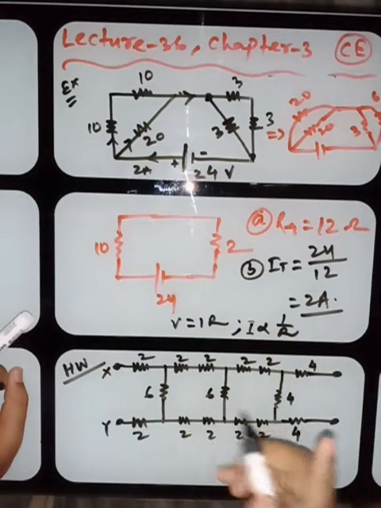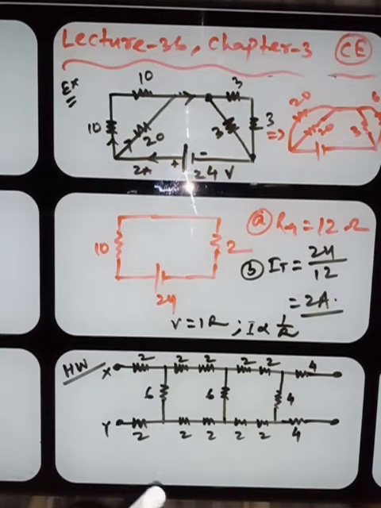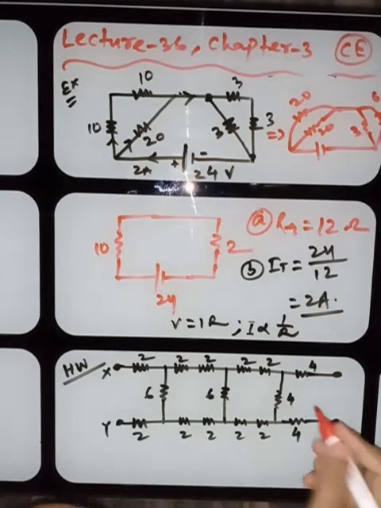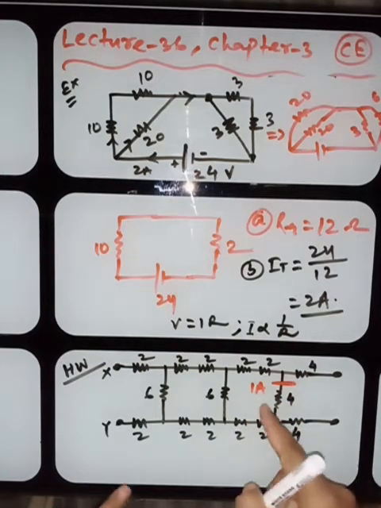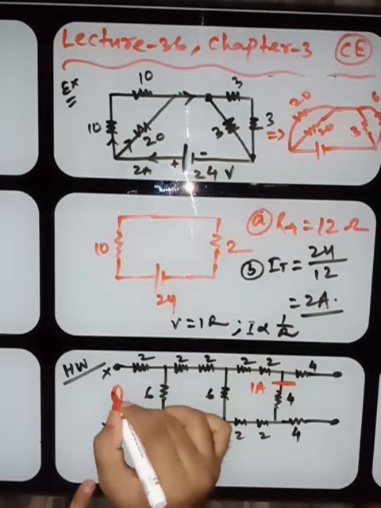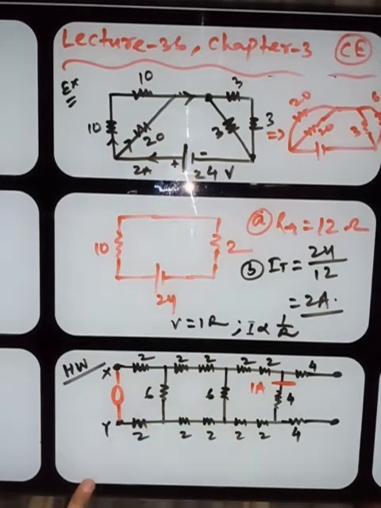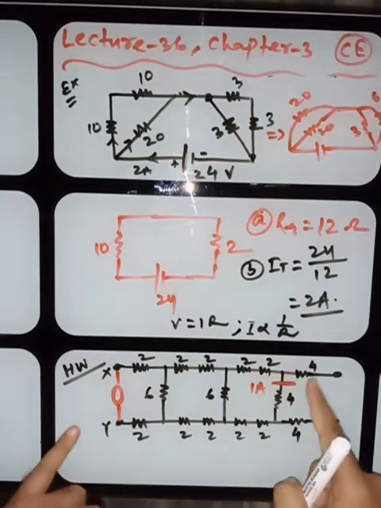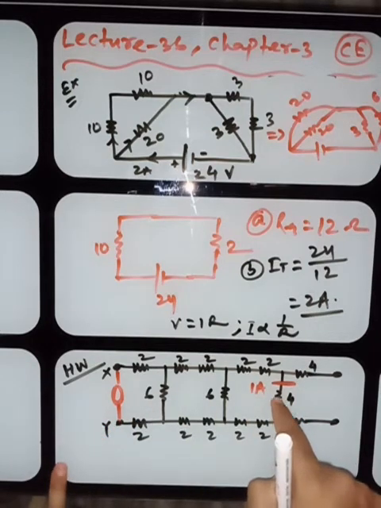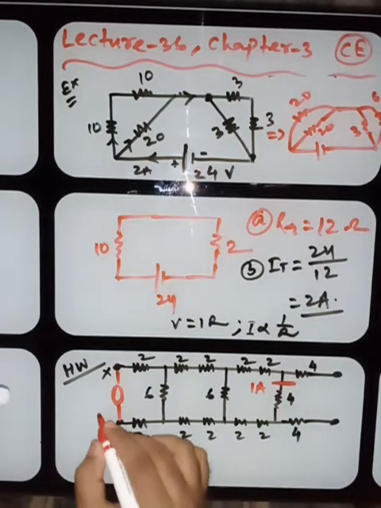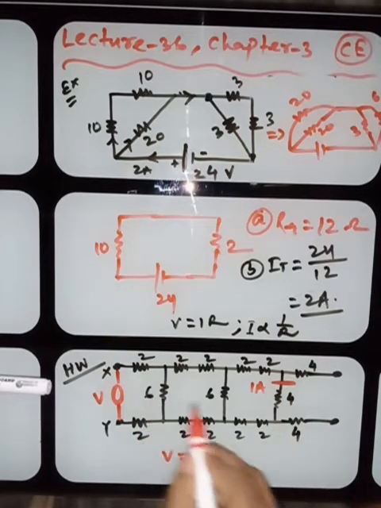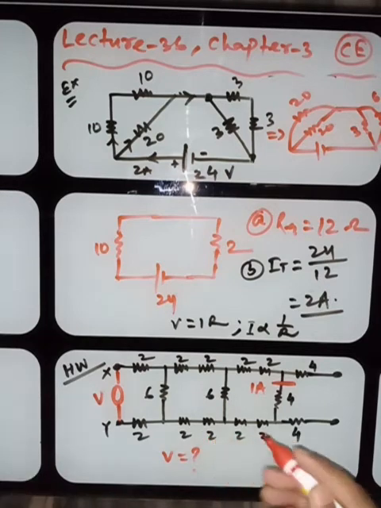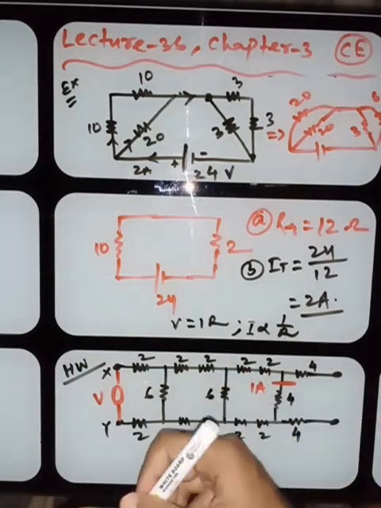If 1 ampere of current is flowing through this resistor, if 1 ampere reaches this point, due to the battery connected over here, then you have to find the current across each resistor, and also you have to find the value of V, the voltage of the battery. Okay, this is a very, very important question, my dear student.